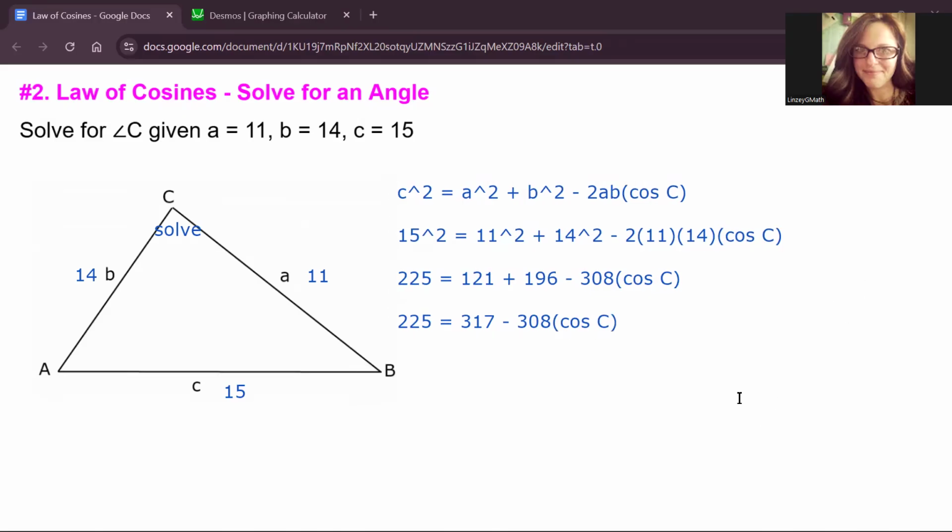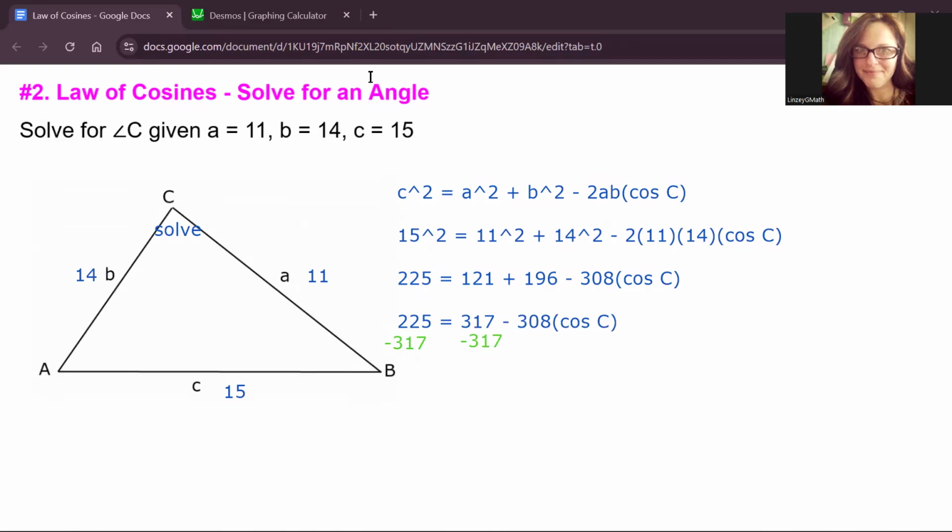Now be careful here. You cannot subtract since we have a variable attached to 308. So we can't subtract 317 minus 308. We will, however, subtract 317, bring it to the other side of the equal sign.